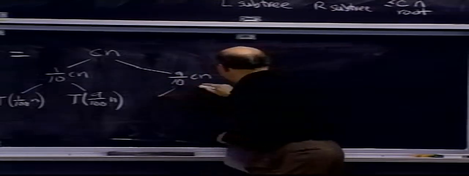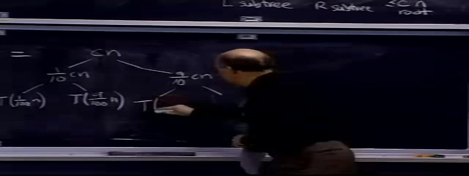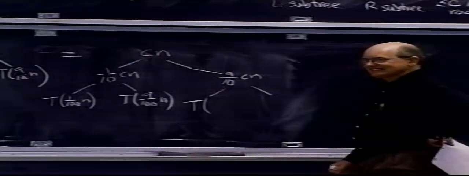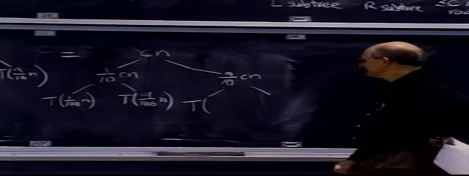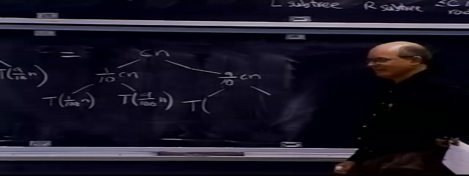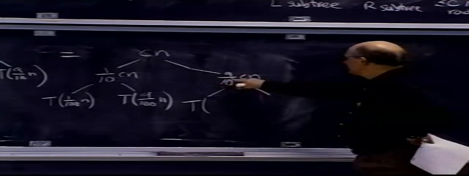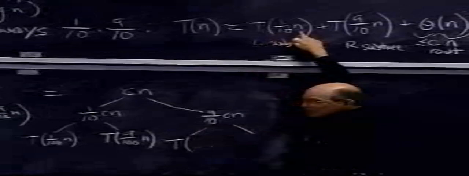And then what do I get here? I'm plugging 9/10 n in for n here. So in the left subtree here, I get 9/10 n plugged in here. What do I get? Somebody raise your hand so I can pick.